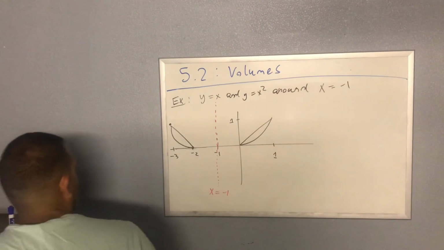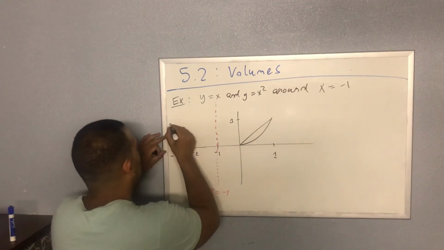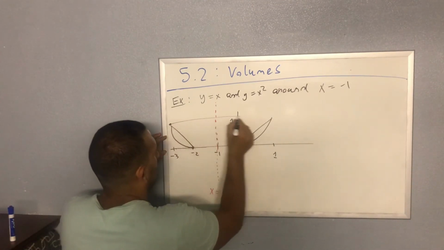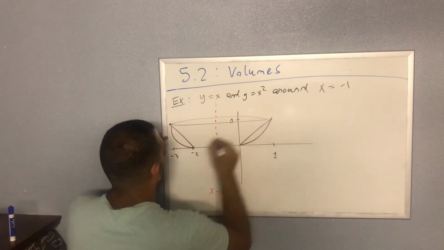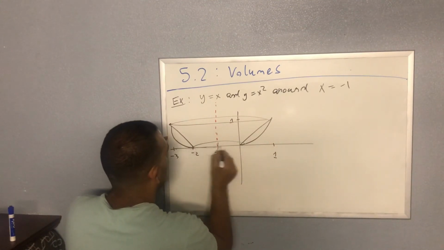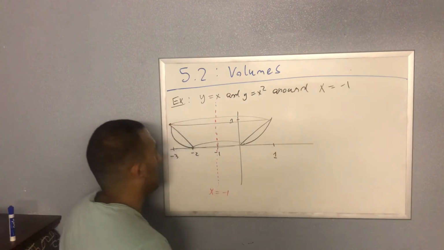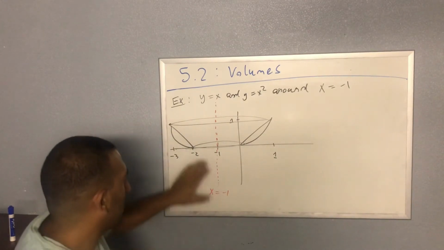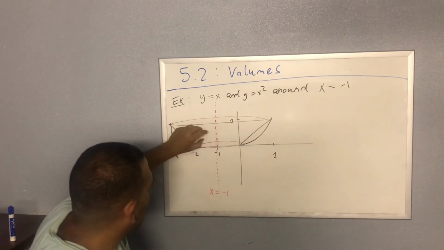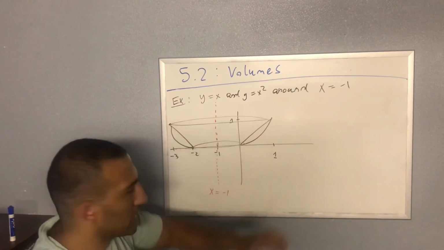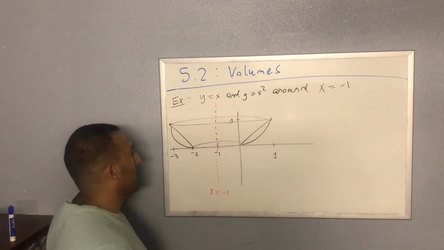And then we need the volume of this more strange bowl looking thing. But again, remember the inside here does not count. Only the peripheries are generating the volume here.